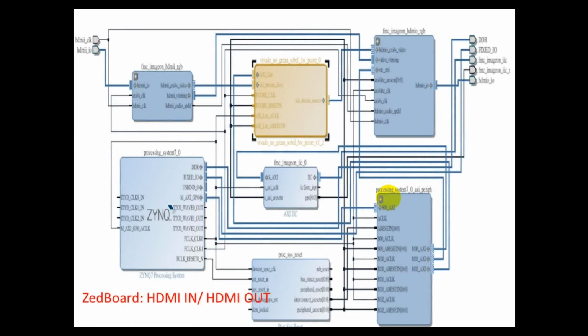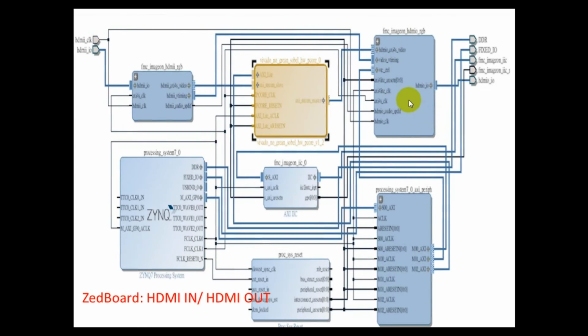So the final Zynq design will look like this. This is on Z-board. So on the output of HDMI block here, and the AXI4-Stream, the data will come from here to our Sobel filter, and our Sobel filter will do the Sobel algorithm and bring the output to the HDMI output block.